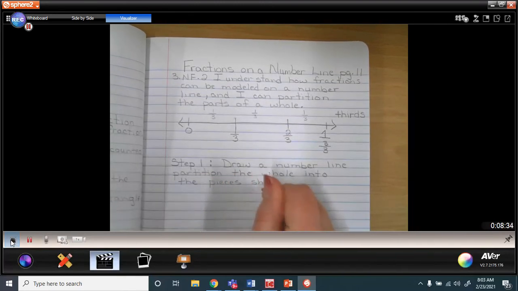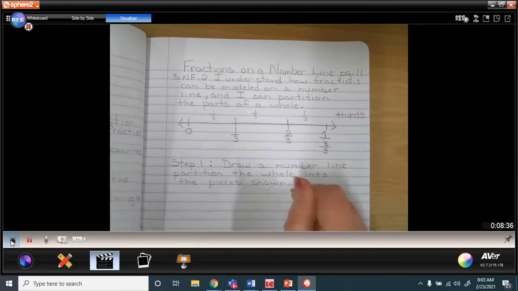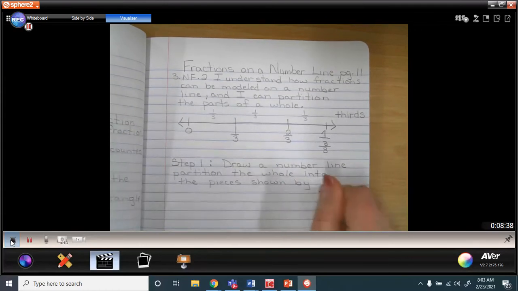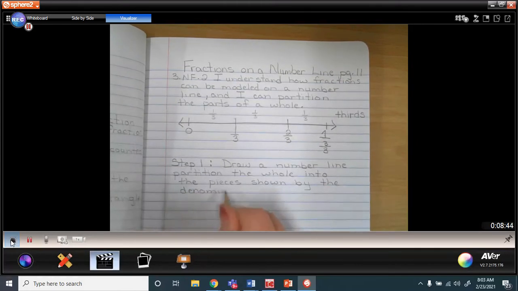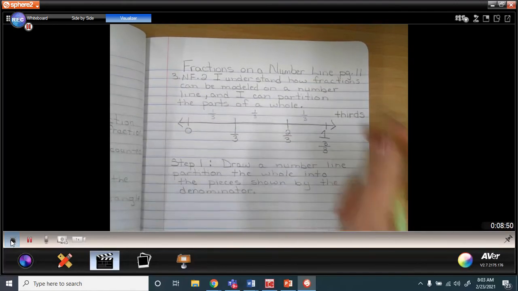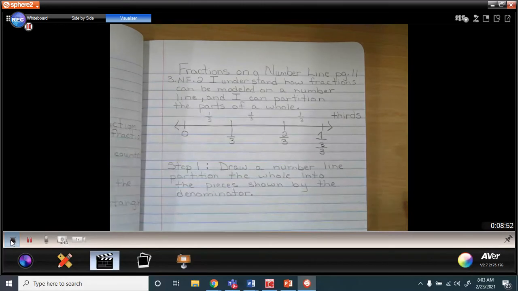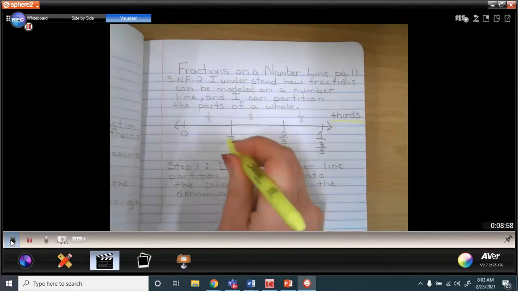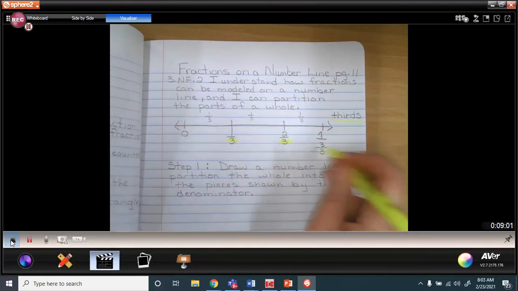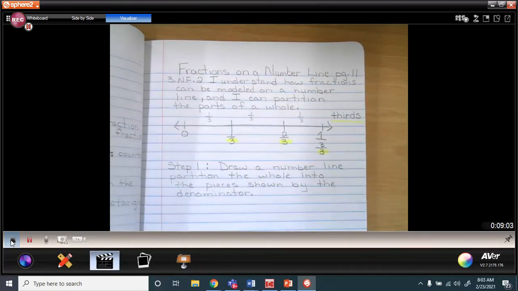Shown by the denominator. So our denominator is thirds. So in this case, this is our denominator. We have thirds as our denominator.